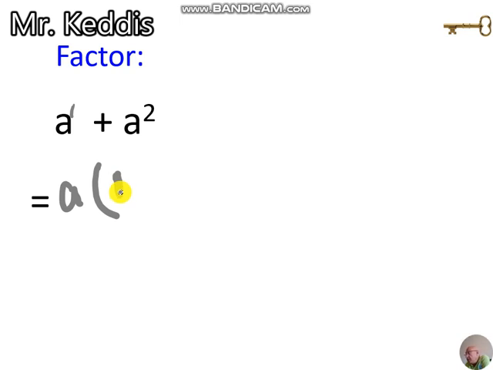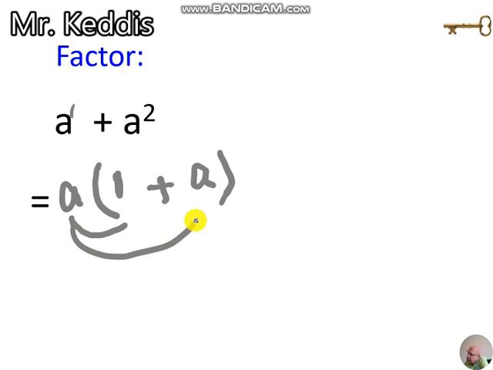Plus a times what to get a squared? A times a. If I use the distributive property, I multiply a times 1 and get the first term, and a times a, I get a squared, the second term.